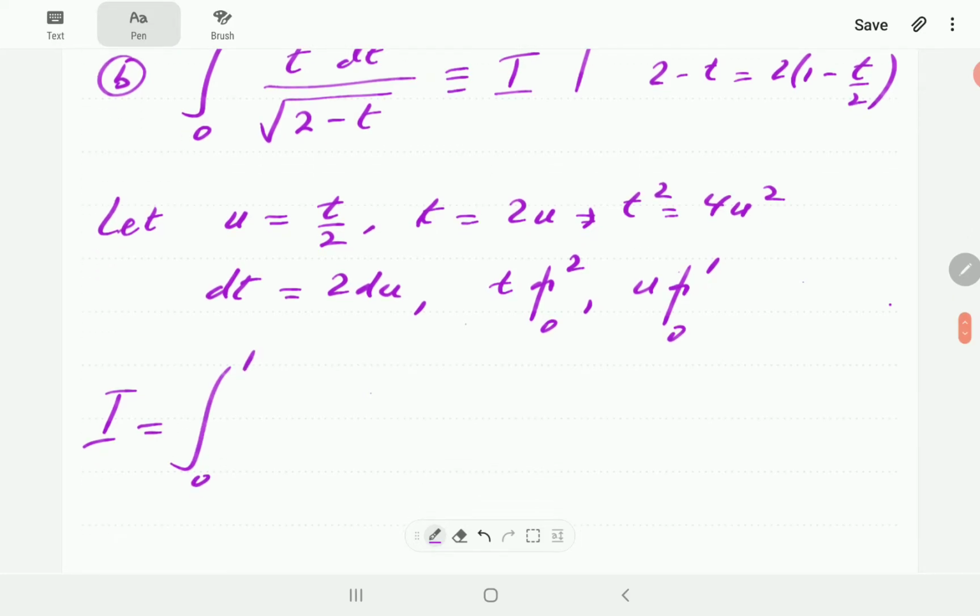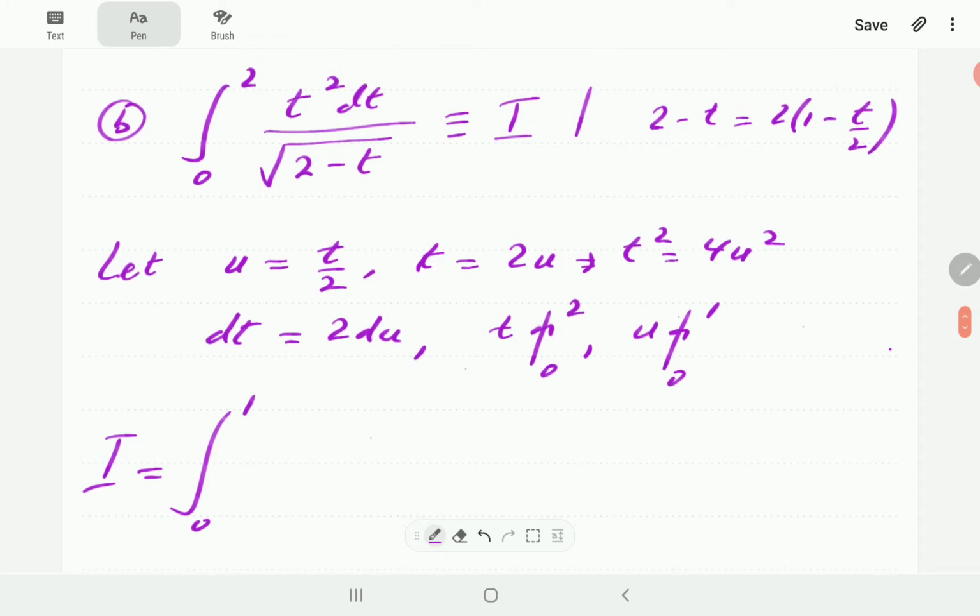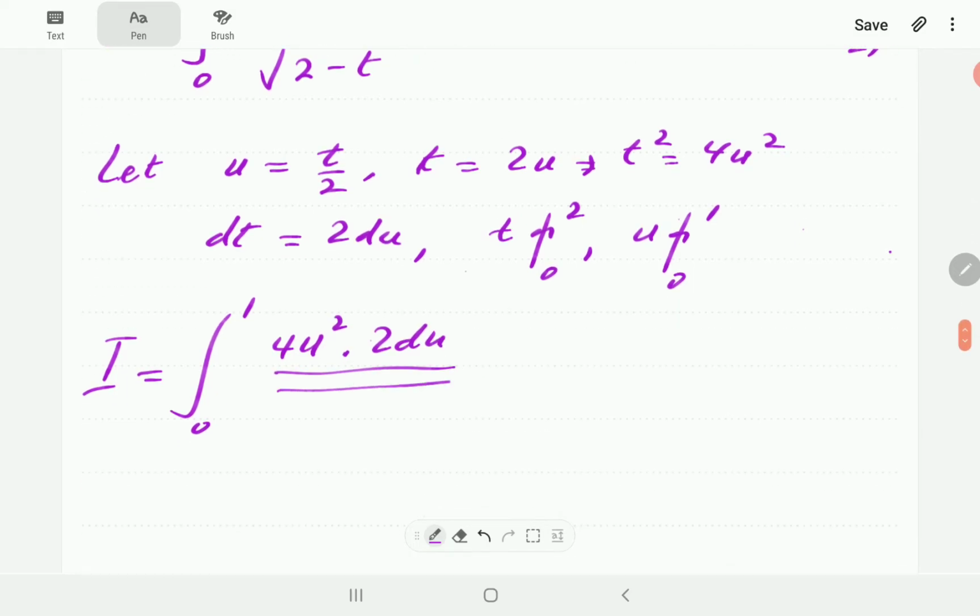So in the numerator, we've got 4u squared times 2 du. Then in the denominator, we're going to have the square root of 2 times 1 minus u. So the constants are going to be 8 on root 2, integral from 0 to 1, u squared.